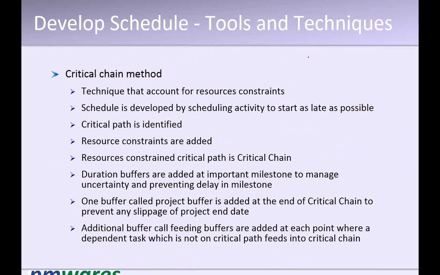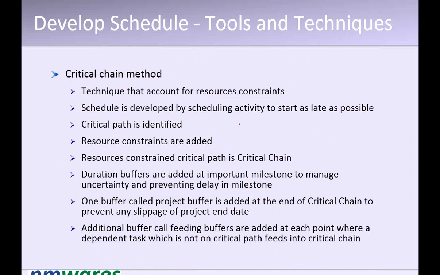There is another concept called critical chain. Now, critical chain is done on the critical path. First you identify the critical path. Now you might have seen that we only created the critical path based on duration.